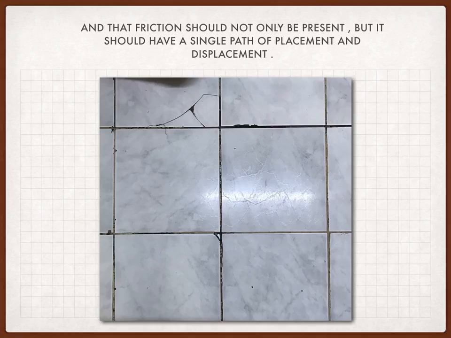The fracture will allow for an additional lateral path rather than the vertical path. In this situation, the dislodgement of the tile and the movement of it will be easier. The same is applied in our teeth and restorations.